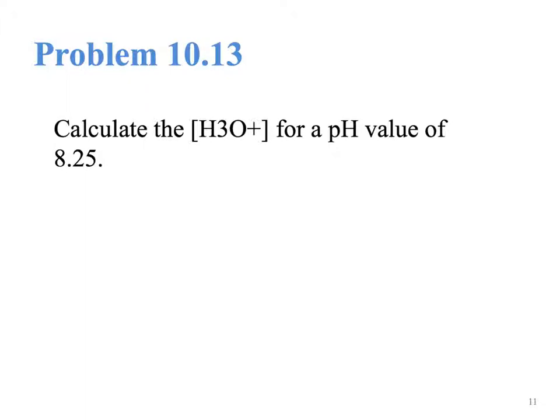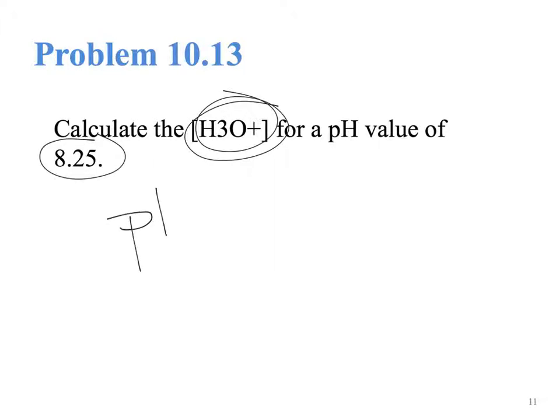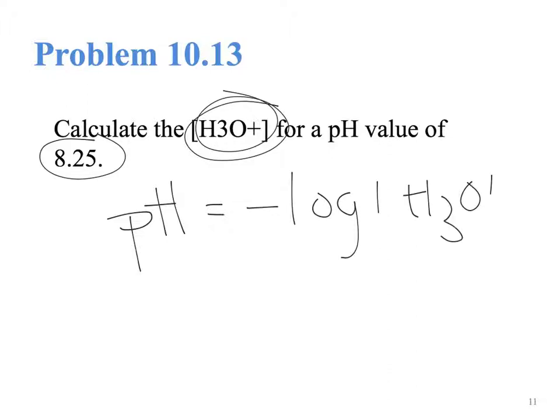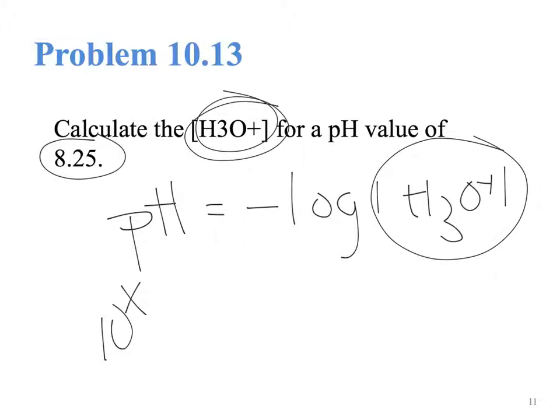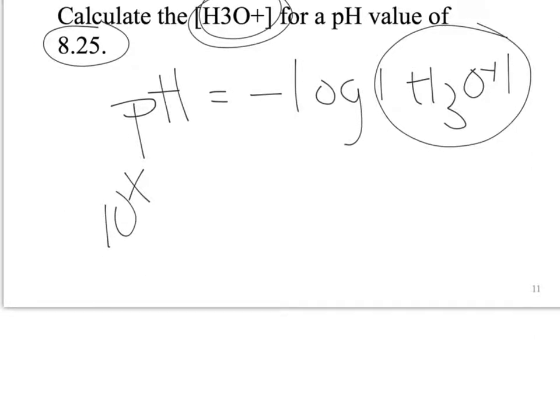All right, the last problem is to calculate the concentration of H3O plus if I give you the pH. So this one works like this: pH is the negative log of this value, so we need to solve for this. The inverse of the log is in the calculator. You see the key that says 10 to, that's the inverse of log. So what you are going to do is the following.